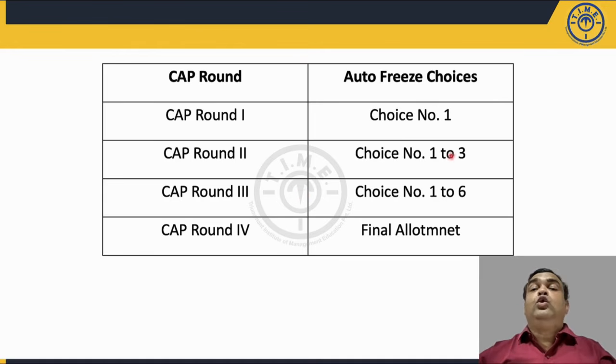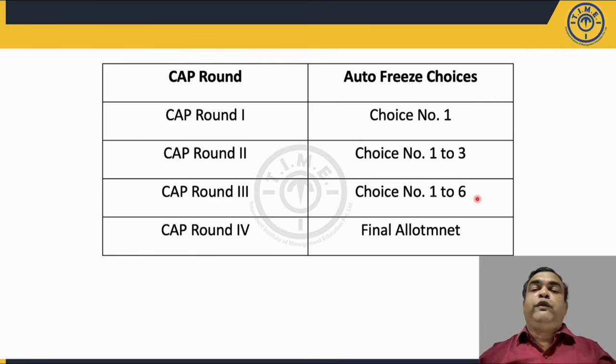In CAP round 2, choice numbers 1 to 3 get auto freezed. If you get anything from choices 1, 2, 3 in CAP round 2, you have to take the admission. Whether you take it or don't take it, you're not eligible for the next round. Same thing in CAP round 3, choice numbers 1 to 6 get auto freezed.